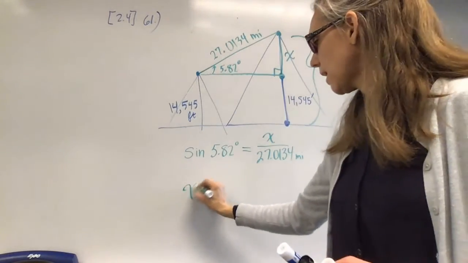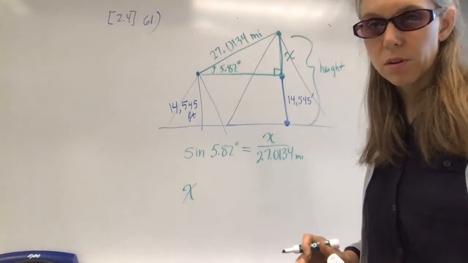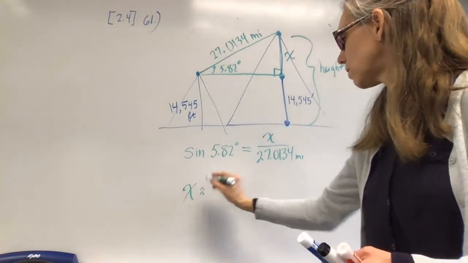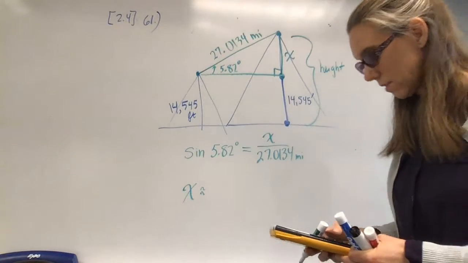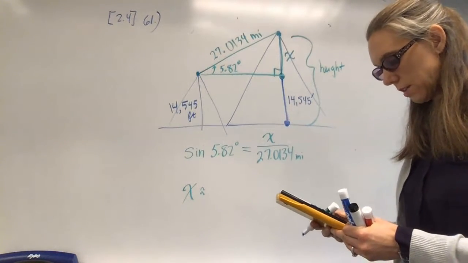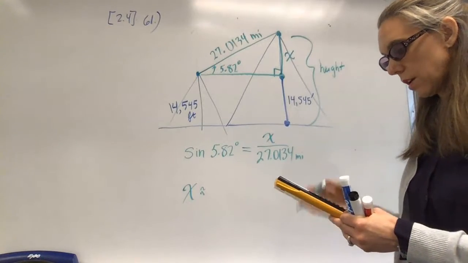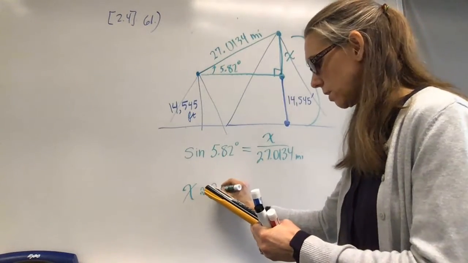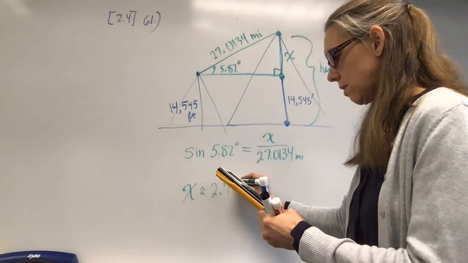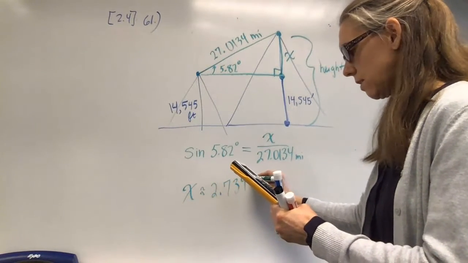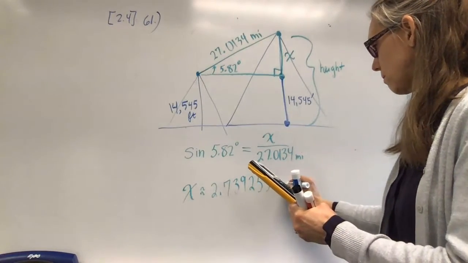So to get x, we're going to just multiply sine of 5.82 times 27.0134. So then we have the sine of 5.82 times 27.0134, and that is going to be approximately 2.73925 miles.